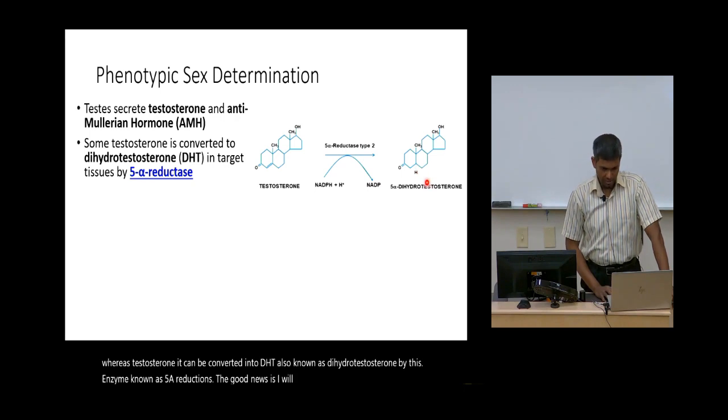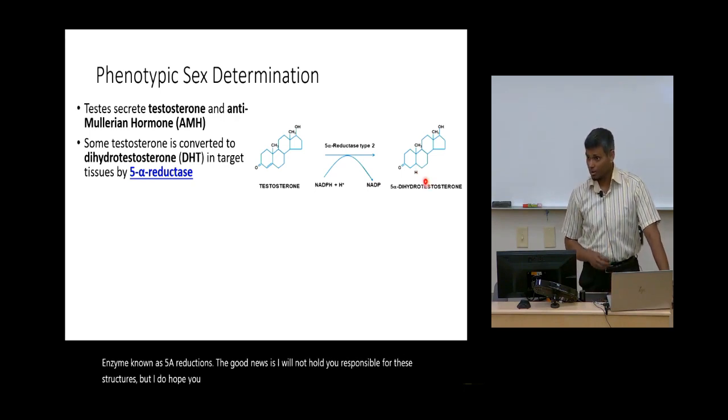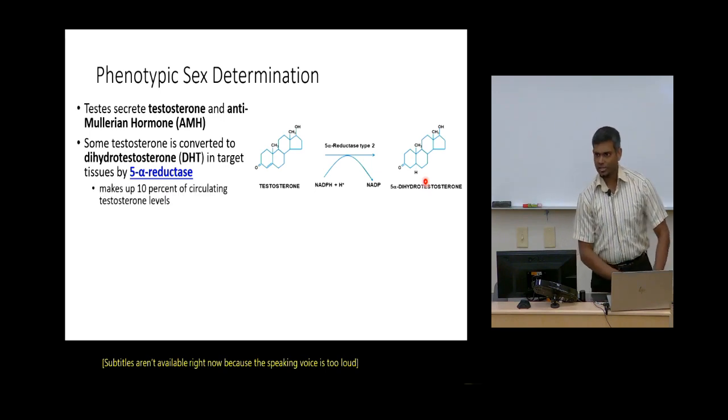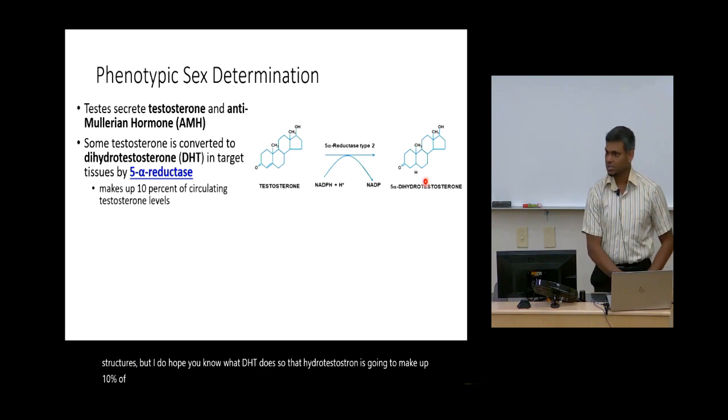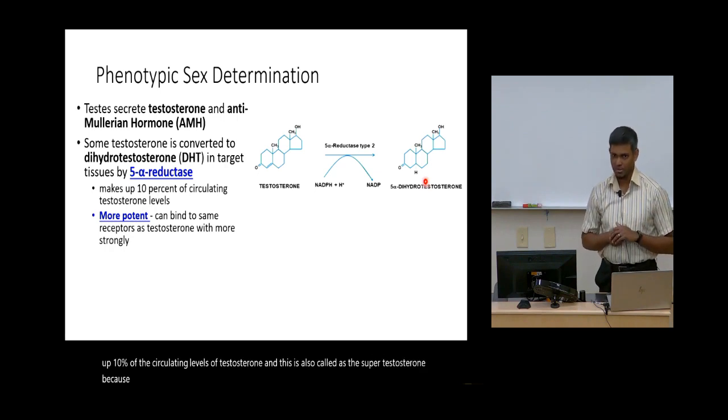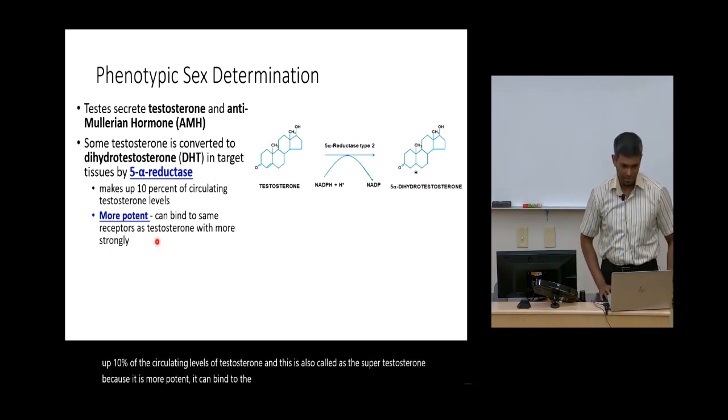The good news is I will not hold you responsible for these structures, but I do hope you know what DHT does. So dihydrotestosterone makes up 10% of the circulating levels of testosterone, and this is also called the super testosterone because it is more potent. It can bind to the same receptors more strongly.